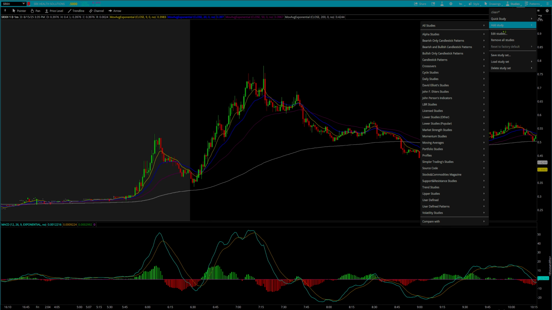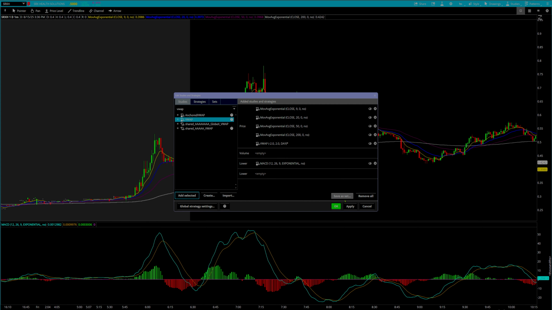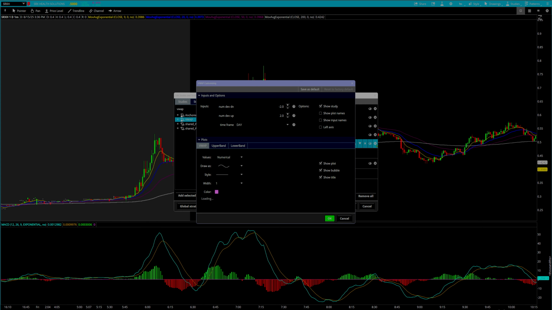The other line that I like to have is the VWAP. That's very important. And I like to make this a broken line. And I forget what color I did this on this one.